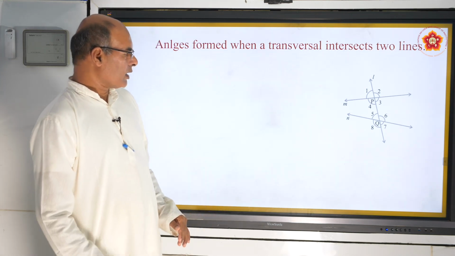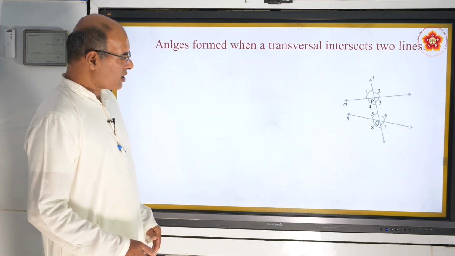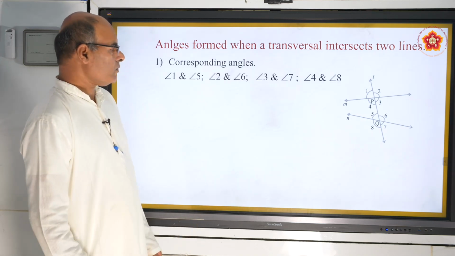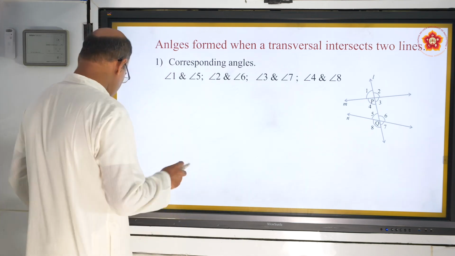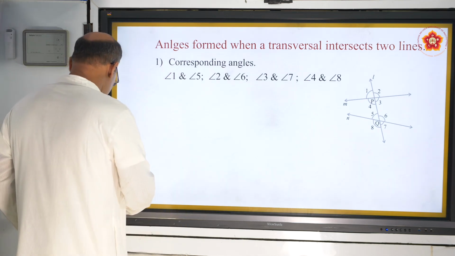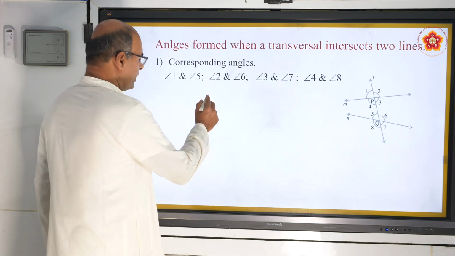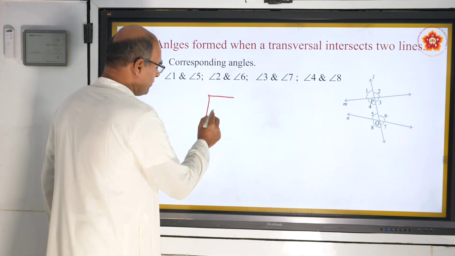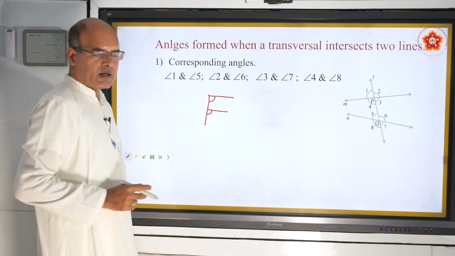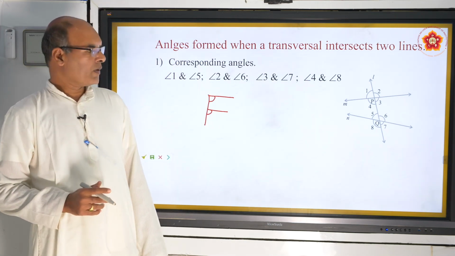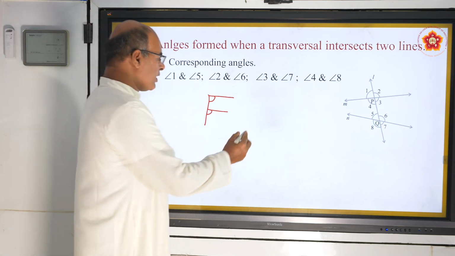So now come to another type of angles, corresponding angles. For our convenience, to remember, we can imagine a letter F. So this angle and this angle are called corresponding angles. Or we can remember 3 conditions.